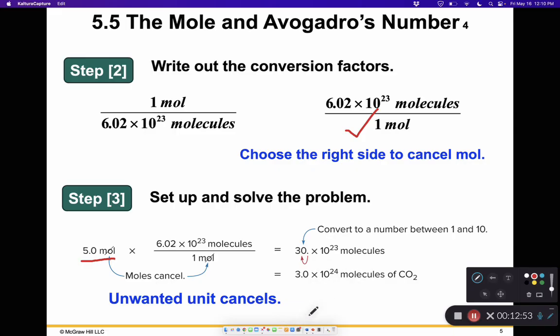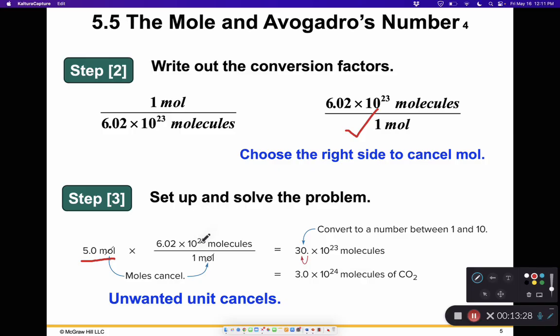If you want to use this in the calculator, how to hit that number? You might have a button 10 to the power n in your calculator. You need to use that button. Hit 5.0 times 6.02 times, and now click the button 10 to the power n, and in the place of n there will be a box flickering.